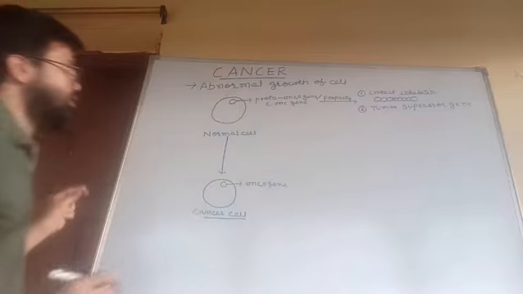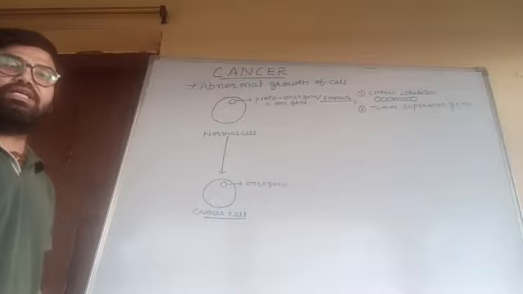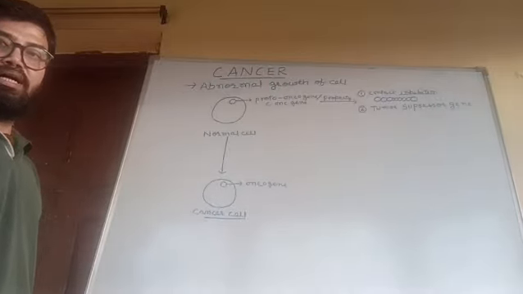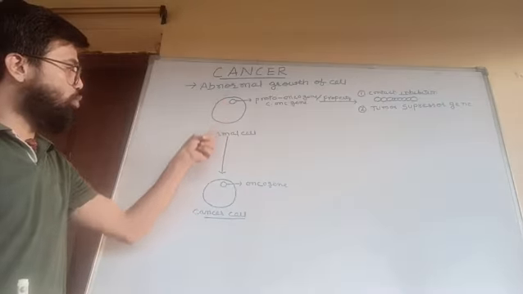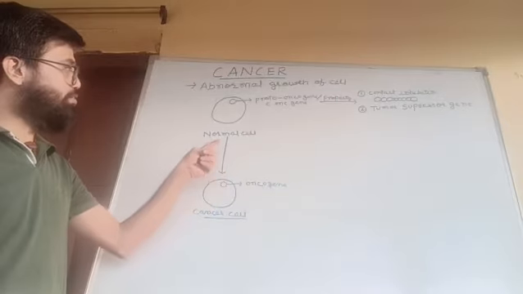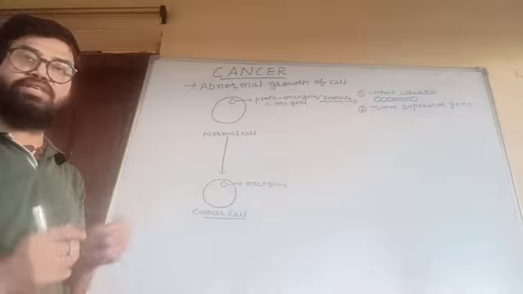The normal cell will be changed into the cancer cell. How does this occur? Understand how the normal gene, the proto-oncogene, will be changed into the oncogene, and it leads to the change of the normal cell into the cancer cell.